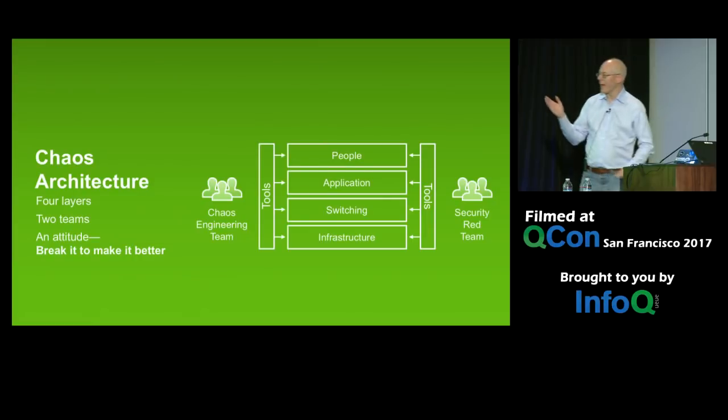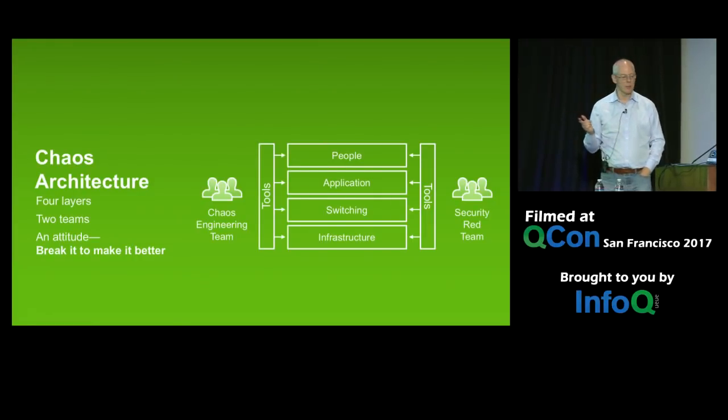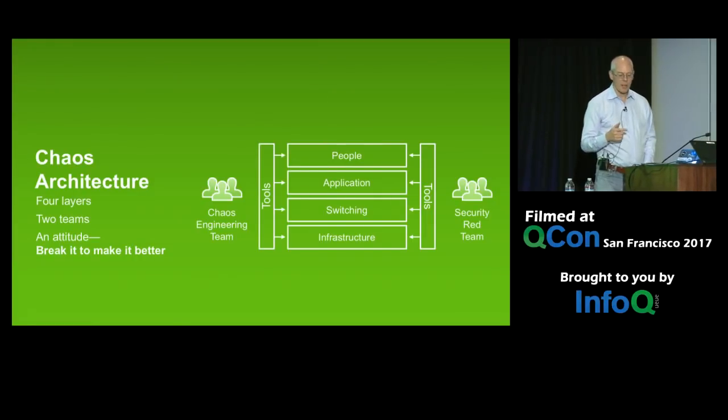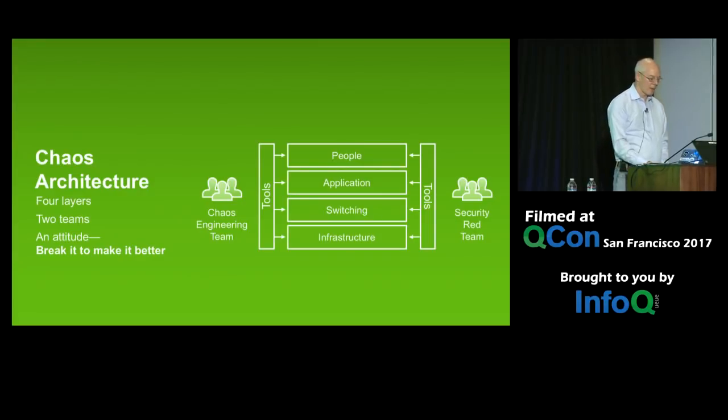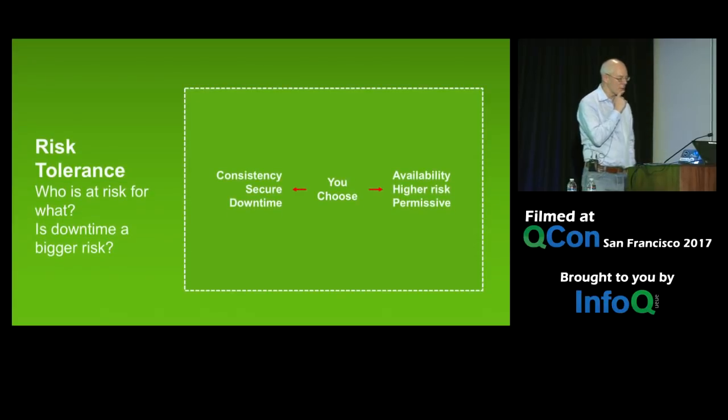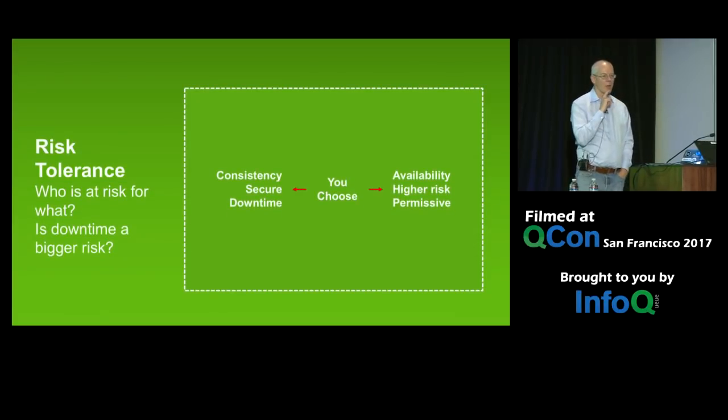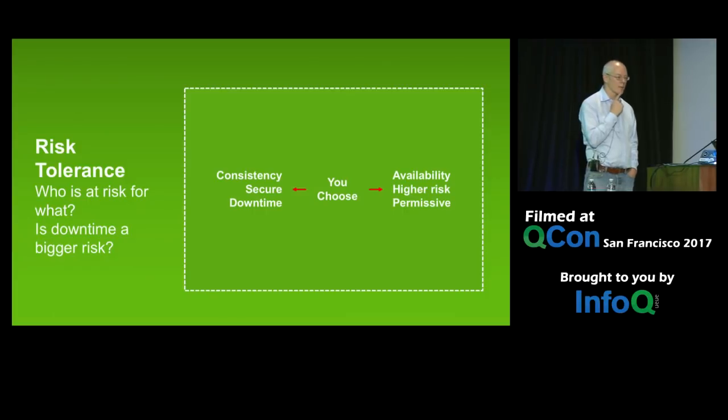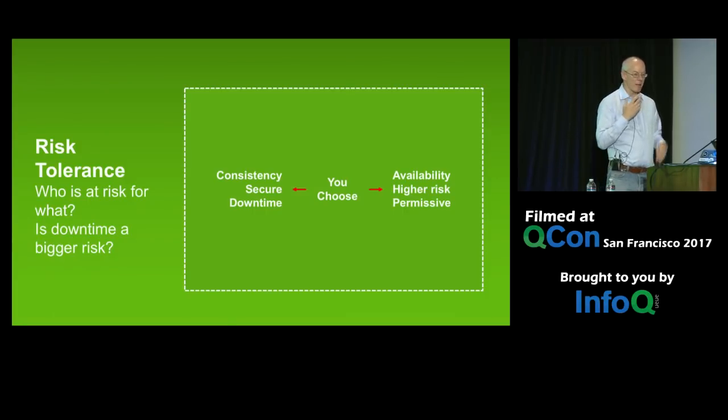So these are the 4 layers, the 2 teams, and the attitude here is you're trying to break it to make it better, right? So let's think about risk tolerance. Who is at risk for what, and what kind of risks are you trying to guard against? You can choose whether downtime is a bigger risk than getting the wrong answer, right?